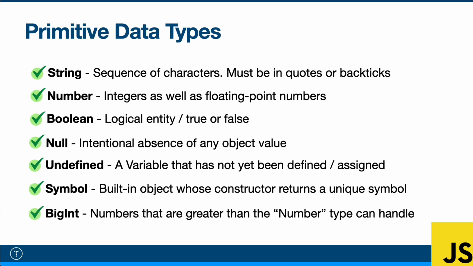And then the last one is a new data type that was just recently added called BigInt. It just represents really, really big integers, really large numbers that the number type can't handle. All right, and we will jump into some code in this video and just kind of show you how to store each of these in a variable.